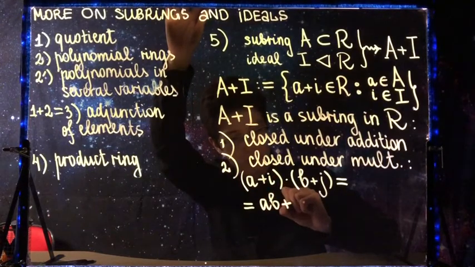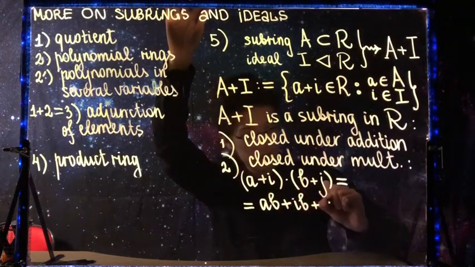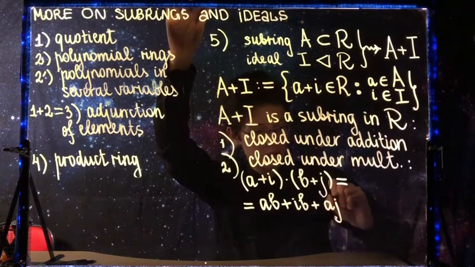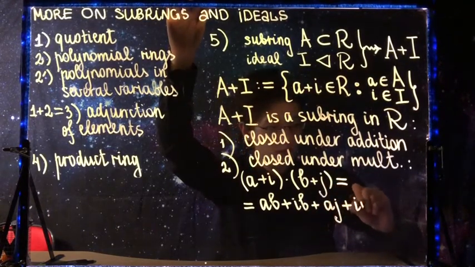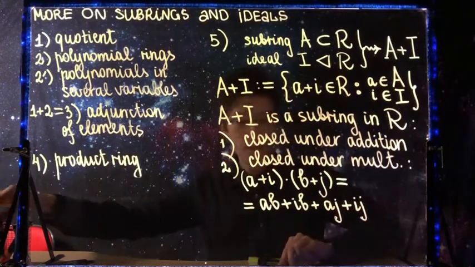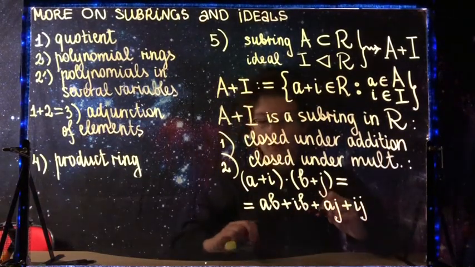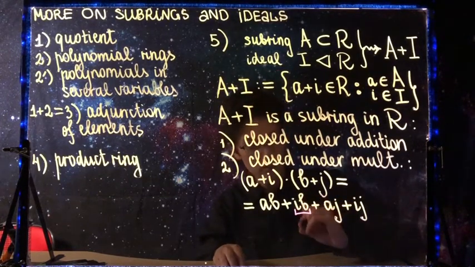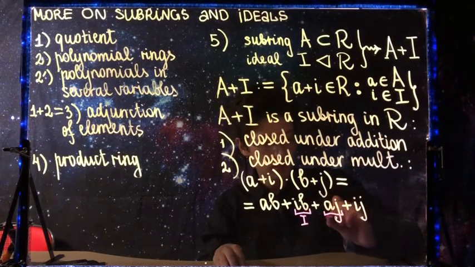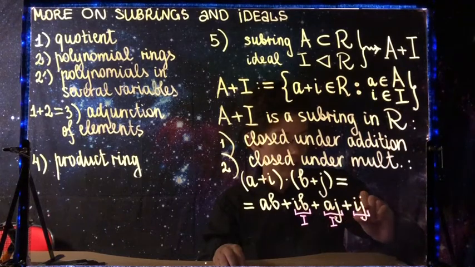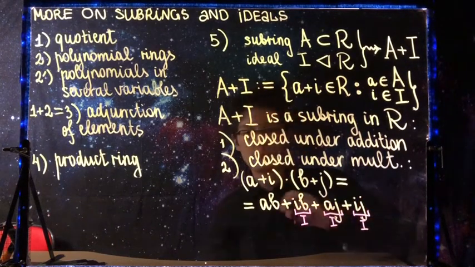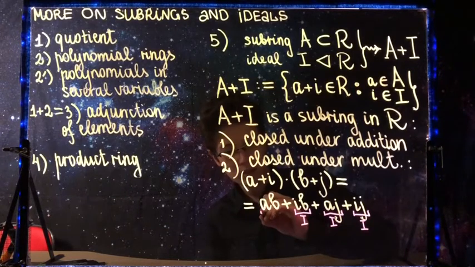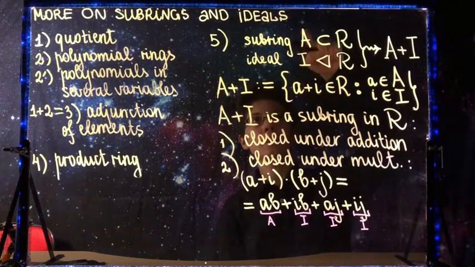I get ab plus ib plus aj plus ij. And I note that by the absorption property of the ideal, ib is inside of I, and aj is inside of I, and ij is inside of I. Whereas ab is an element of A because A was a subring to begin with.